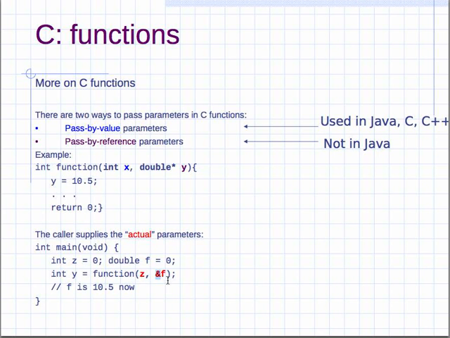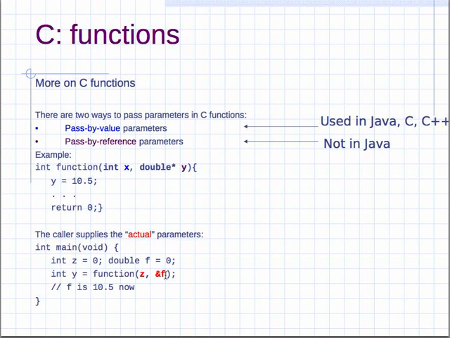Okay, so you pass in a pointer to f as a parameter, and let's say somewhere in here this should be a star y, and you say star y equals 10.5. What this is doing is changing the thing that y points to, and y is a pointer, right? So y is a pointer to a double. So now you've changed f because you passed a pointer to f.